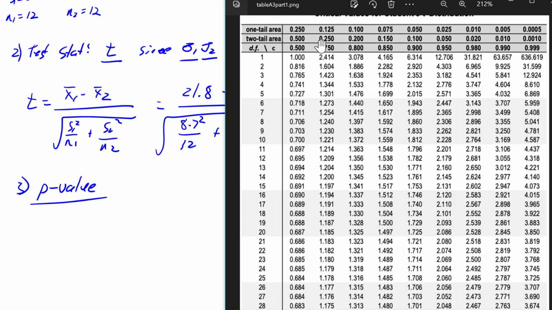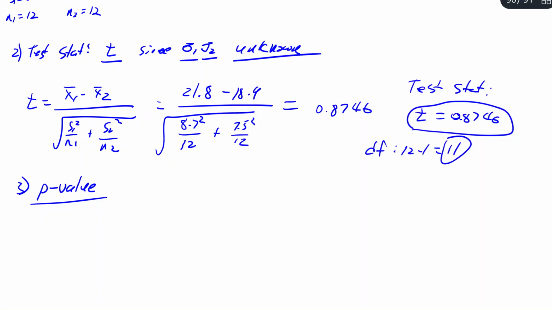So we know that our p-value is between these two values, 0.25 and 0.5. Or we can also write it this way, 0.25, 0.5.